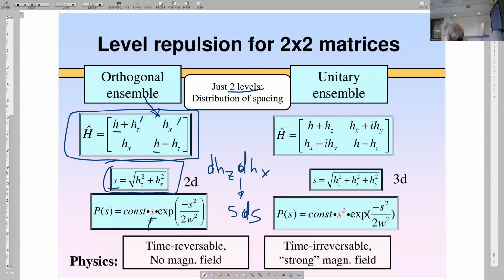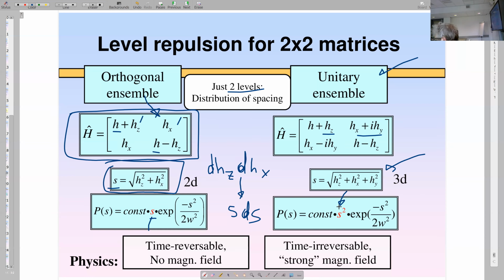Here it is, level repulsion. Let's take a different ensemble where all matrices are allowed. And there are 3 independent elements. Consequently, this integration transformation will give us S squared.